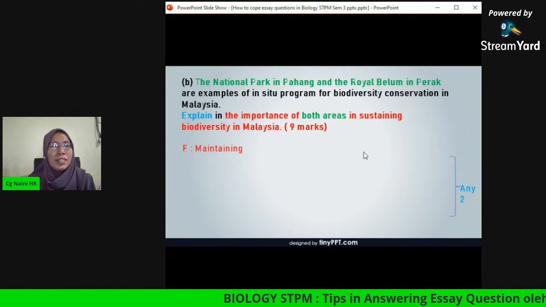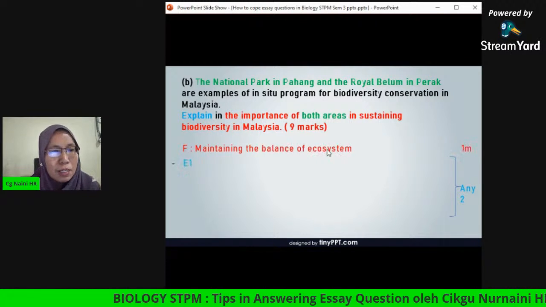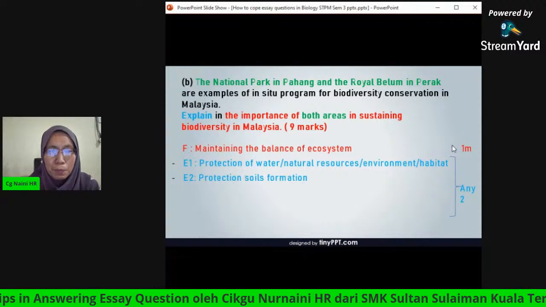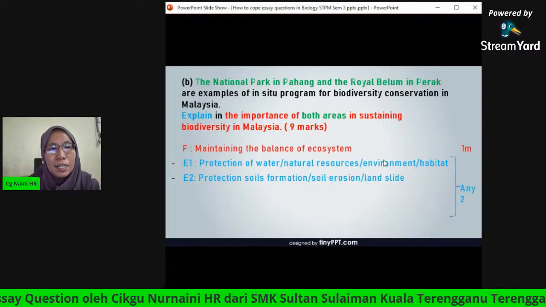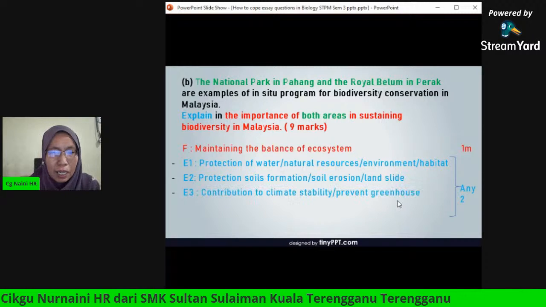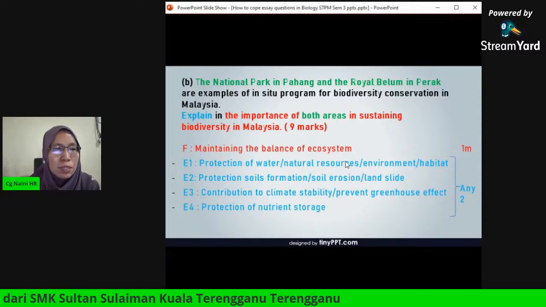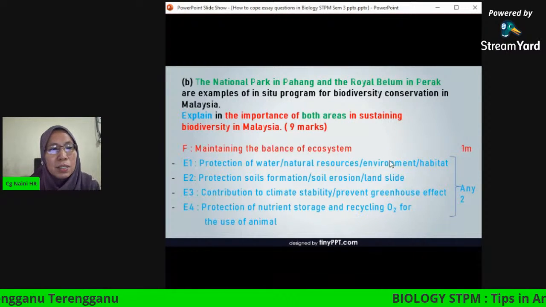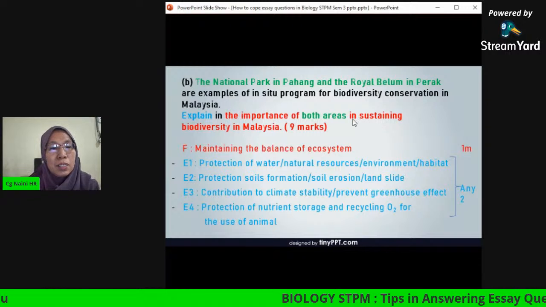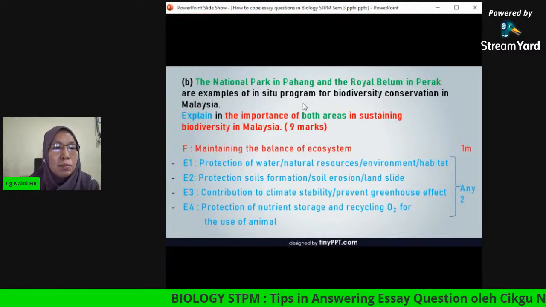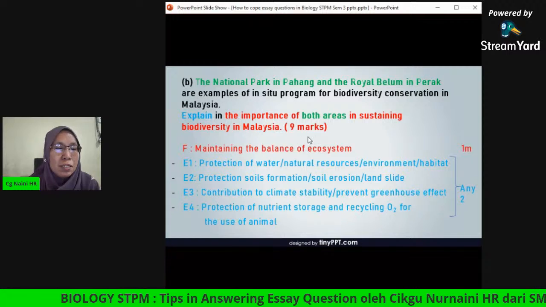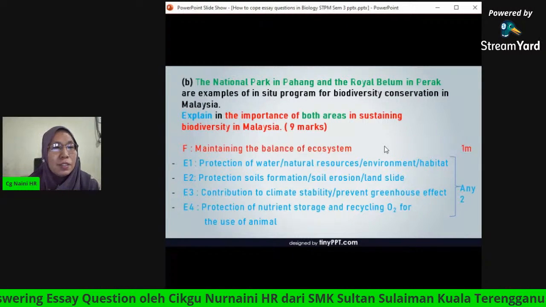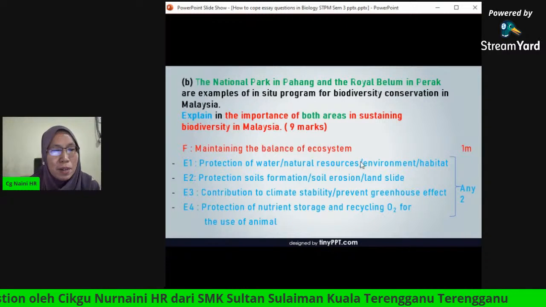So what is the importance? The main point of importance is maintaining the balance of ecosystem. And then you explain, any explanation referring to this, maintaining the balance of ecosystem. Any two, because you want more marks for the explanation. So 1 point, the importance, and then explain the importance.